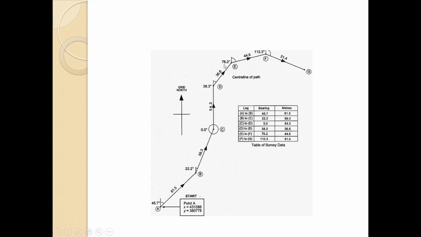EF is making an angle of 76.2, and the last line, FG, is making an angle with the north of 112.3. Here you can see all the bearings, we call them bearings, have been written in this particular column of the table. In the same way we have these readings, the distances from A to B in meters, and all these distances have been written in this column.